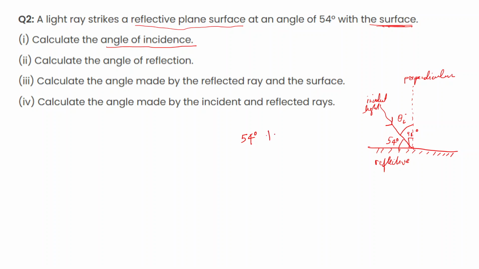The remaining angle is our angle of incidence, and the total is equal to this 90 degree, which is the angle between this imaginary perpendicular and the reflective surface. So we can quickly find our angle of incidence, which will be 90 degree minus 54 degrees. That will be 46. Okay, let me just check.